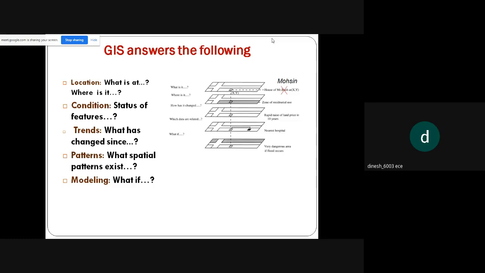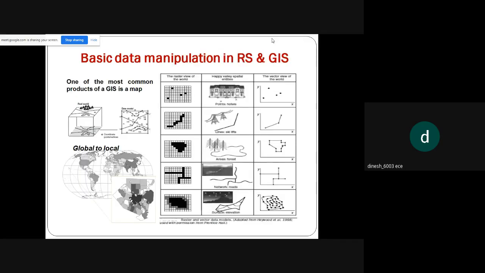So this is an example. This is how basic data manipulation is done from remote sensing to GIS. One of the most common products of a GIS is mapping.